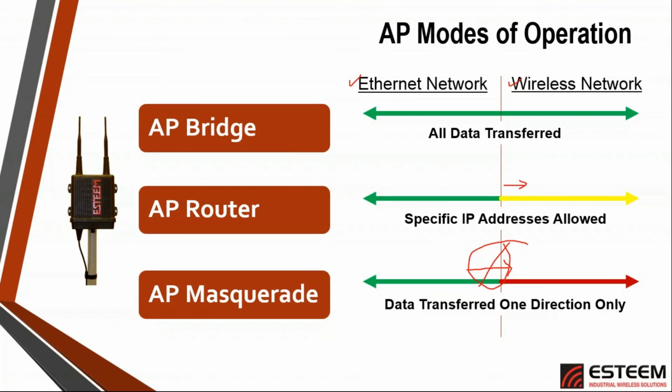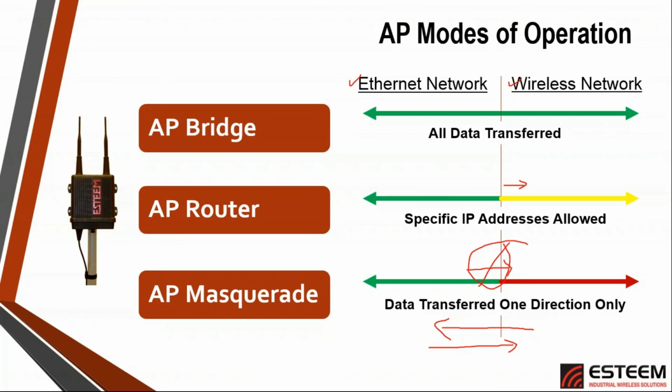The difference here, though, is that the devices connected on the wireless side can actually request data from the Ethernet side. That data will be passed just like it does on a home router, and the response will get back to whoever requested it. But no initiation of communication can happen from the wired side into the wireless.